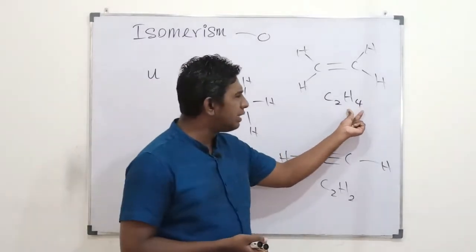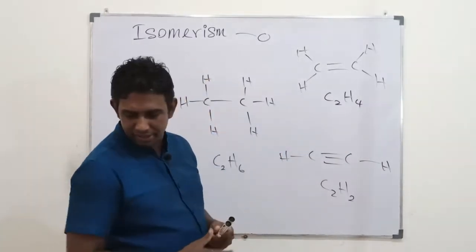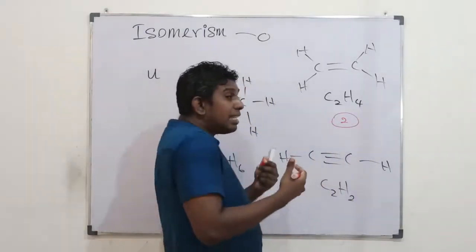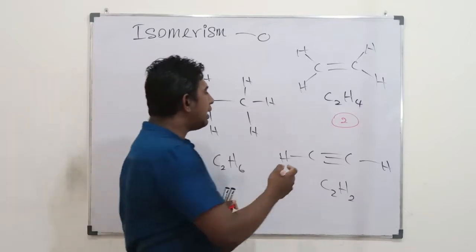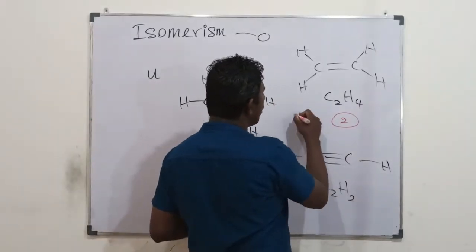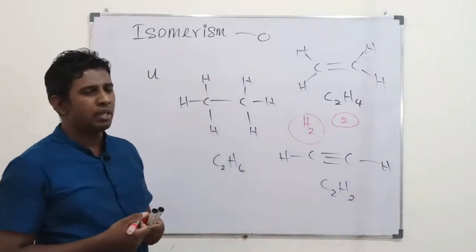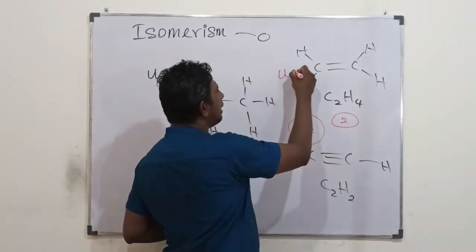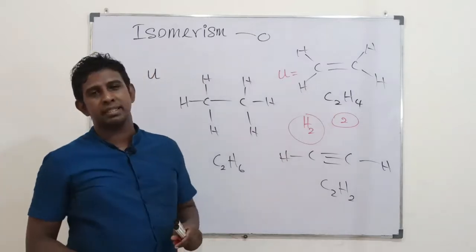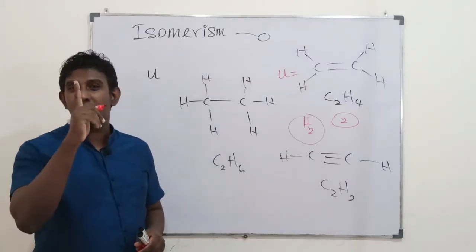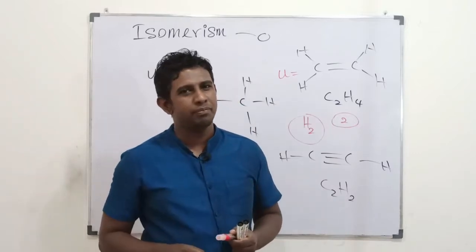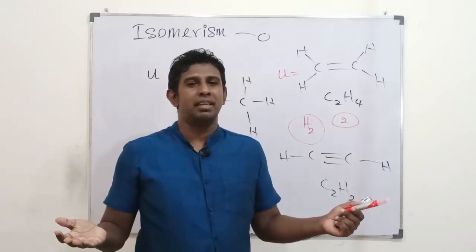Then students, when it is 4 hydrogens, it lacks 2 hydrogens to be saturated. 2 hydrogens could be given by one H2 molecule. So we call the unsaturation number standing for this particular substance as 1, because if we provide one H2 molecule, it would become saturated.